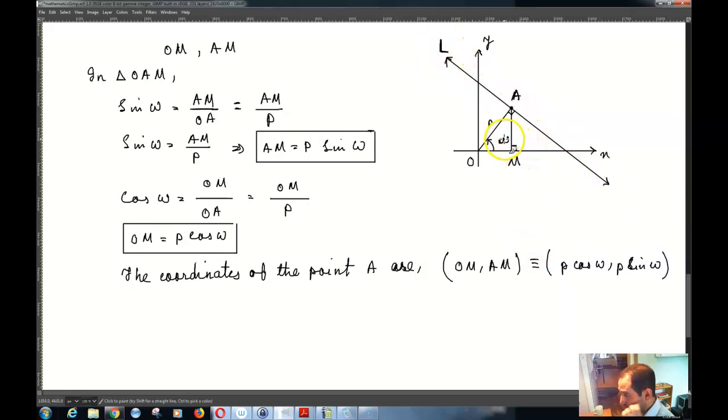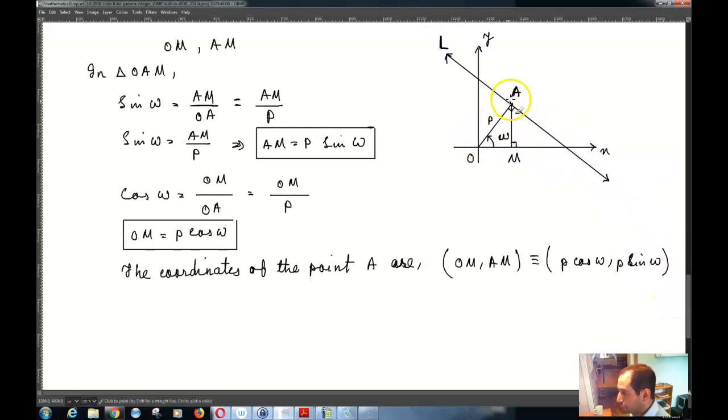We know that these two lines, OA and L, of course OA is a line segment, are perpendicular.